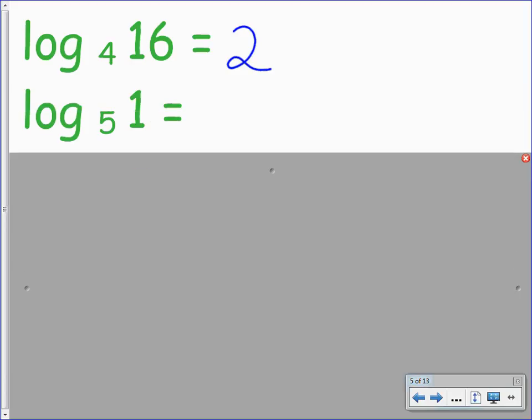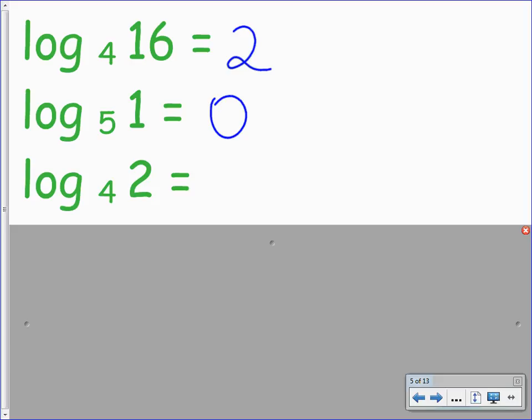Log base 5 of 1. 0. Because 5 to the 0 is 1. Anytime there's that 1 inside your logarithm, it's going to be 0. Log base 4 of 2. 1/2. Because, this is how I like to think about it, 4 to what power is 2? 4 to the 1/2 power is 2.